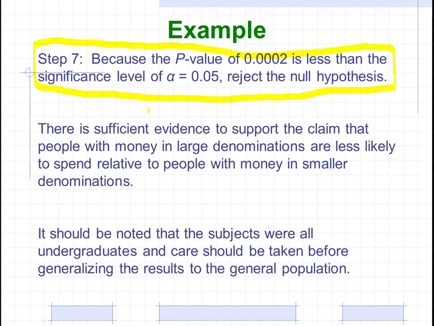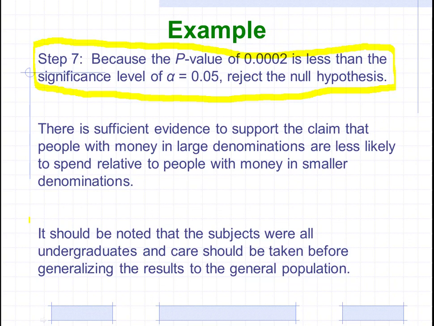Because the p-value is less than our alpha, we reject the null hypothesis, so we can say there is sufficient evidence to support the claim that the people with money in large denominations are less likely to spend relative to people with money in smaller denominations.